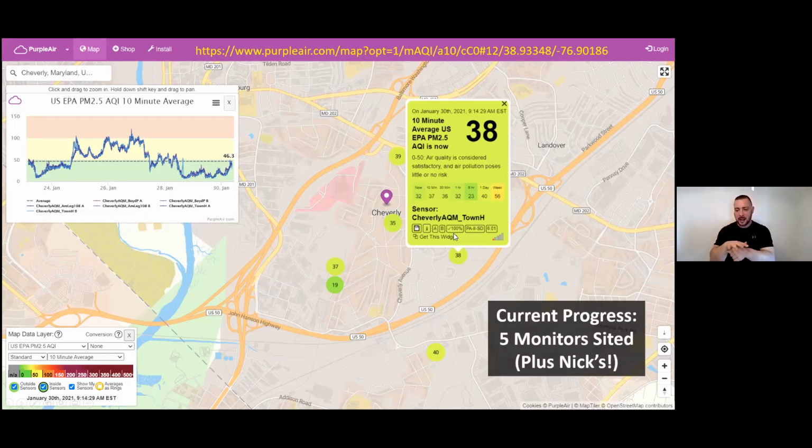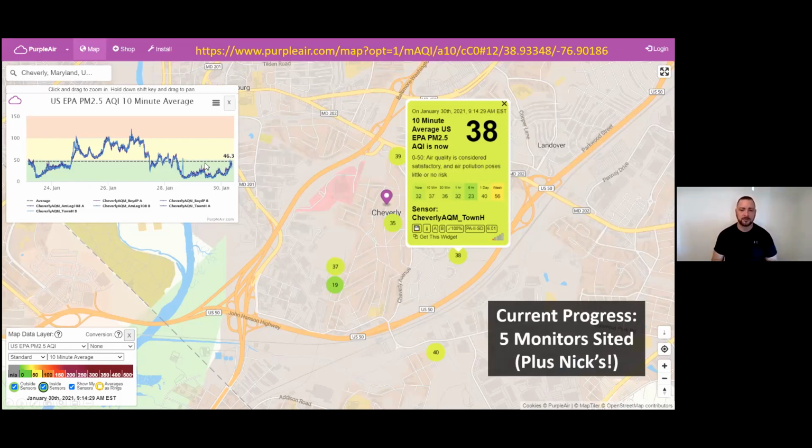So a couple cool things about this, it tells you right away based on the color what the air quality is like, right? So now we're in the yellow zone at 38, which isn't perfect, but it's not bad. Or actually, sorry, we're in the green. So the 0 to 50 air quality is considered satisfactory, okay?